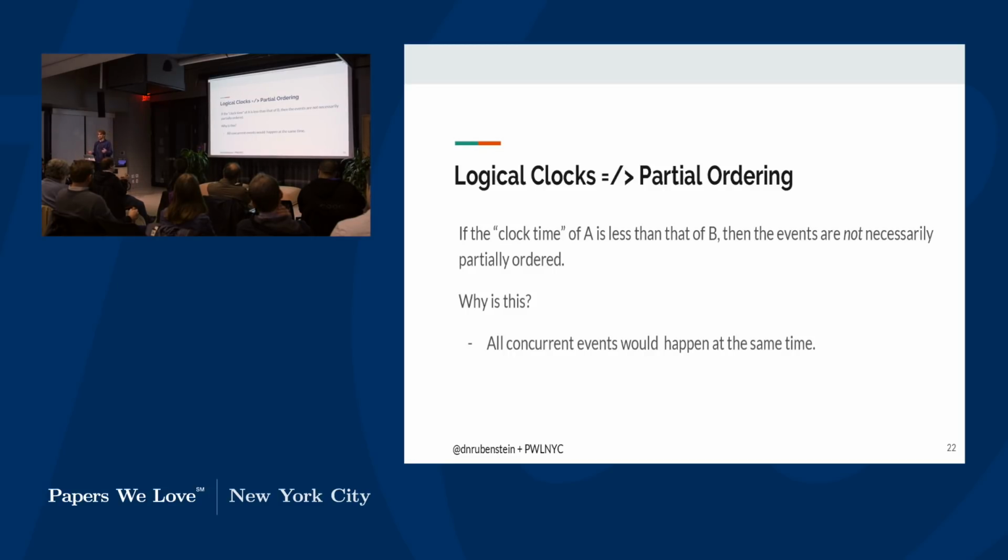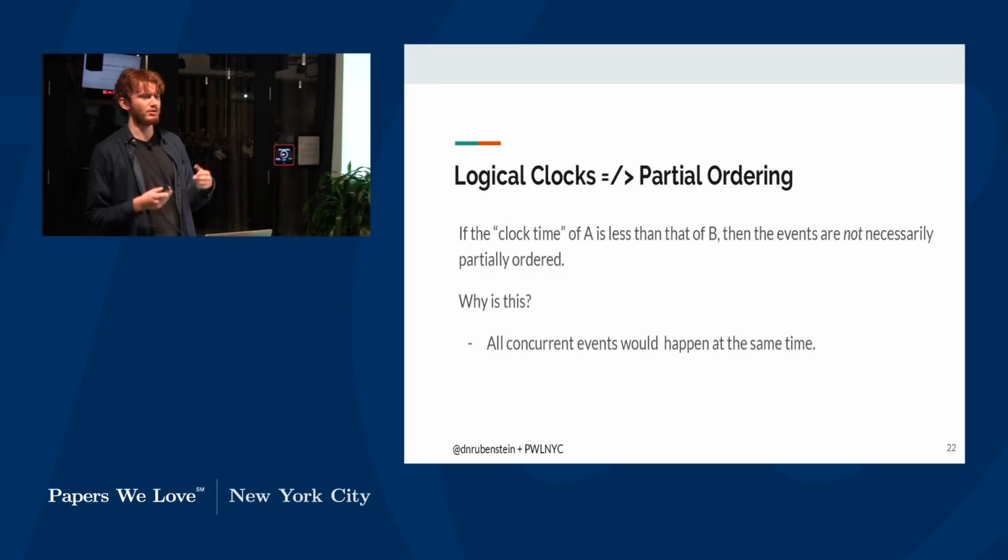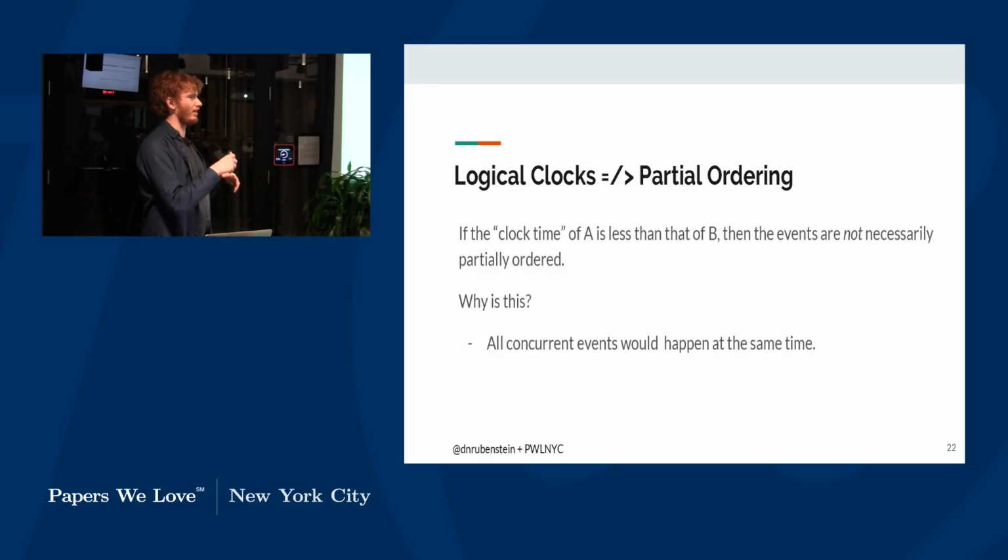In our distributed system, each process is maintaining its own clock, and it's not necessarily checking in with some sort of central authority to say that its clock is right. It's maintaining its own clock under its rules, and therefore we can't actually use logical clocks in a distributed system like this one, much as we might like to. So we have partial ordering, but we don't necessarily have logical clocks here.